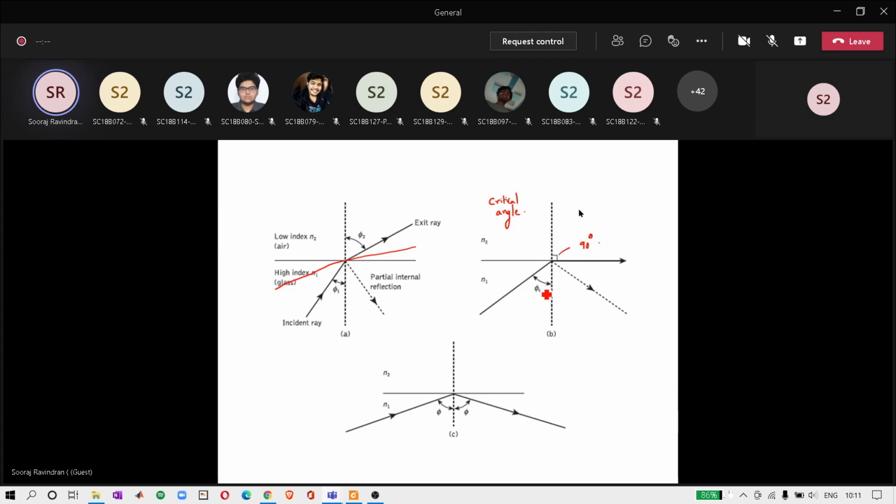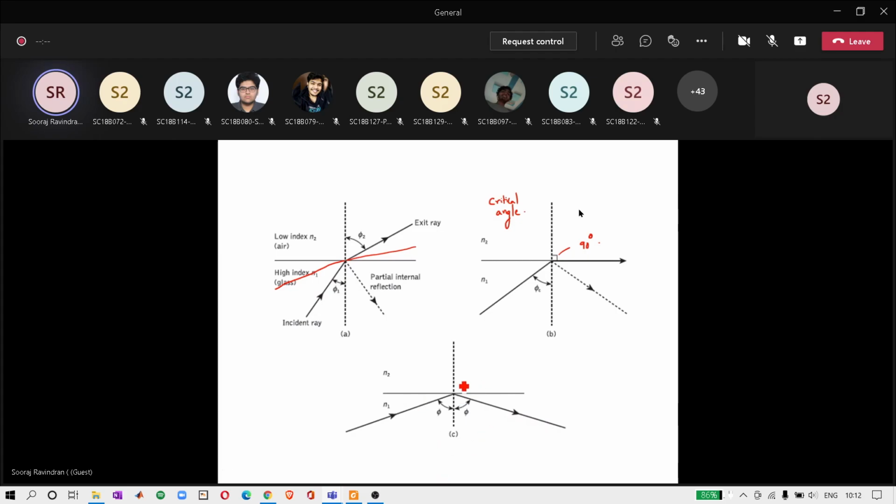So critical angle is defined as that angle at which the exit ray passes along the interface, or in other words, it makes an angle of 90 degree with respect to normal. Now, if I further increase the angle of incidence, you would see that this ray, instead of going along the interface, would be reflected back to the initial medium itself. So you are launching the light from this medium, it gets reflected in the same medium itself.